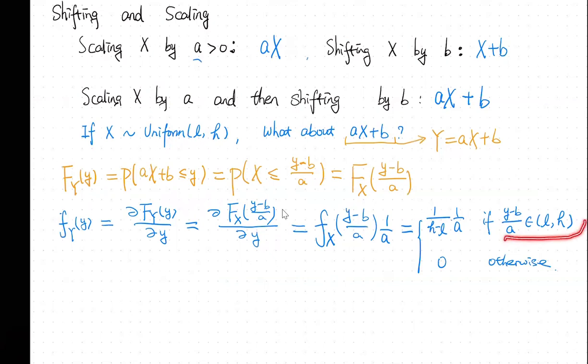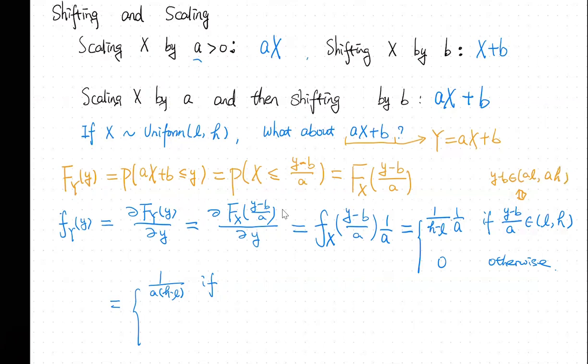So let's now simplify this condition a little bit more. We find that it equals 1 over a times (h minus L) if y minus b belonging to this interval implies and is equivalent to y minus b belongs to [aL, aH].